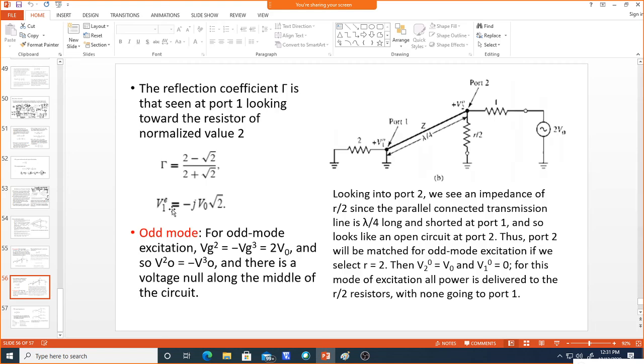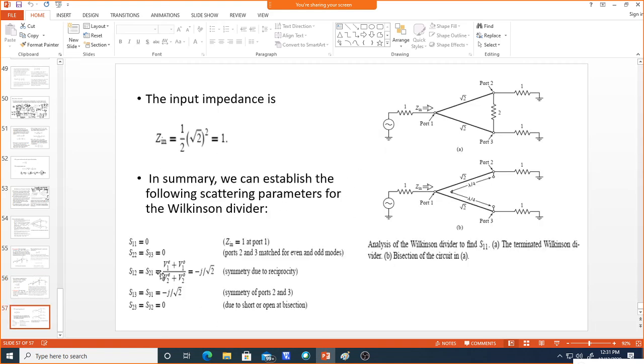If you see here, this is how the S matrix comes. Since port 1 is matched, we have S11 equal to 0, and S22 and S33 will be 0 since port 2 and port 3 are matched.